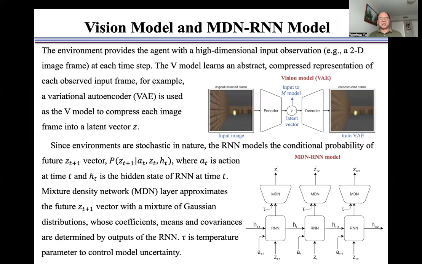Mixture density network layer, as shown here, approximates the future zt plus 1 vector with a mixture of Gaussian distributions, whose coefficients, means, and covariance are determined by outputs of the RNN. And tau is a temperature parameter to control the model uncertainty.